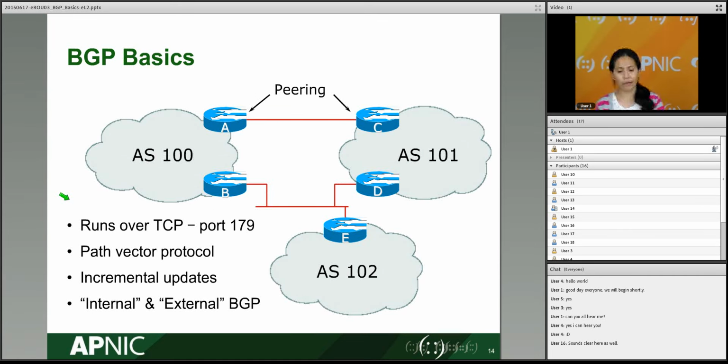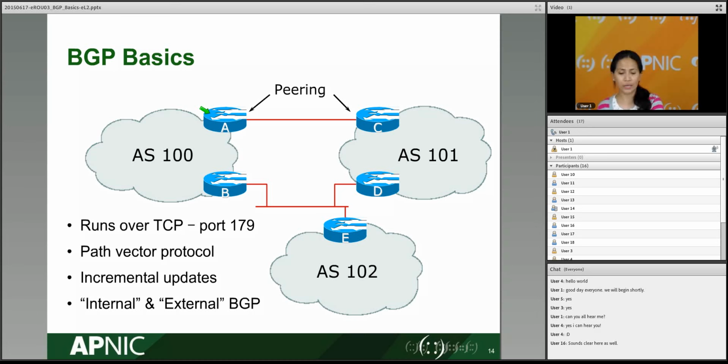Let's have the diagram here. We have AS 100, 101, and 102. You notice that there are interconnections. There are BGP speakers there. A, B, C, D, and E are all BGP speakers. You also still have other routers, say within AS 100, but notice at the border you have two routers, and these are the BGP speakers.